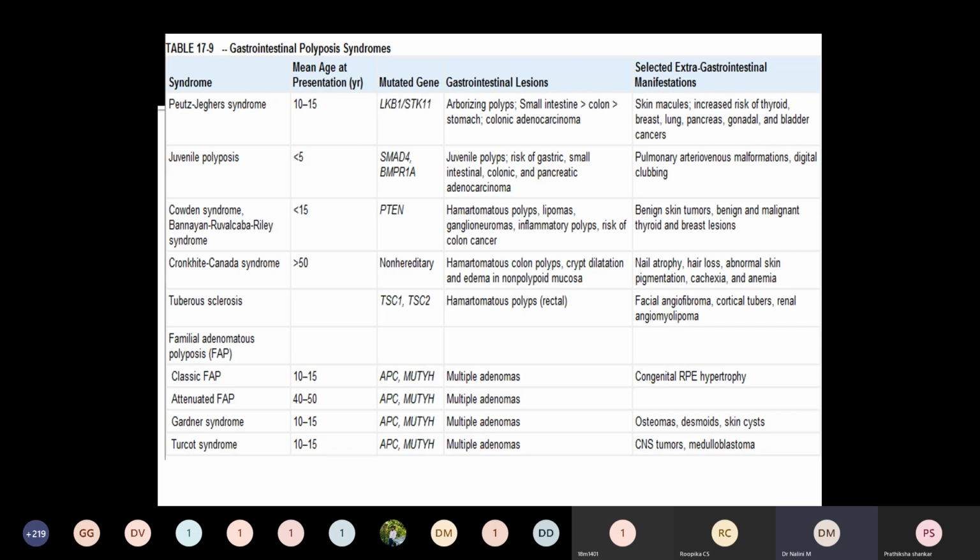The very good thing about this is they don't have a higher malignant potential like we see in familial polyposis coli. This is another table depicting all the gastrointestinal polyposis syndromes. I have elicited a few important ones. You can go through this table later.